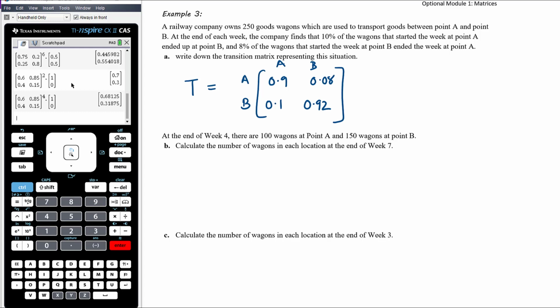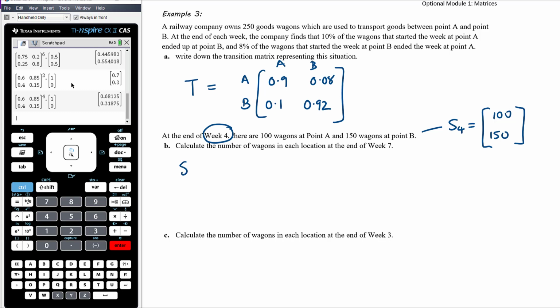At the end of week 4, there are 100 wagons at point A and 150 wagons at point B. Okay, week 4, let's therefore call it state 4. We could call it state 0, but that's going to make everything else a bit more complicated. So we've got 100 wagons at A and 150 wagons at B. We want to know the number of wagons in each location at the end of week 7.